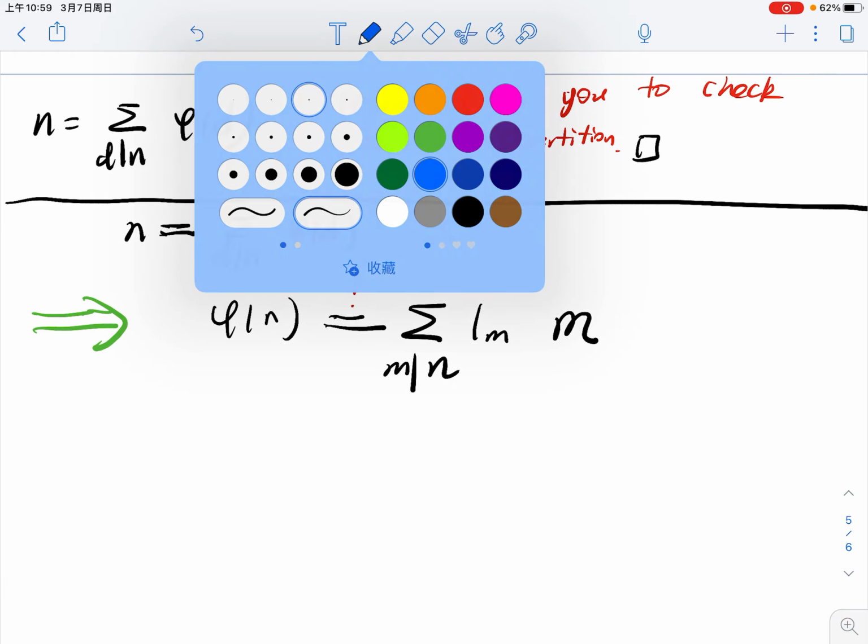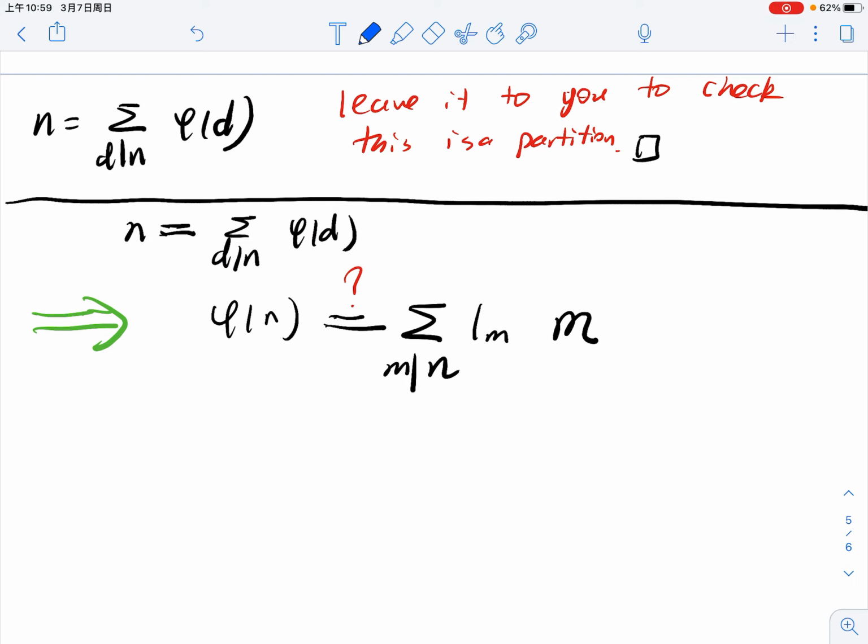Of course, there are many artificial ones. So the question is, can we have a natural representation of this, and how do we figure out the coefficients? What is the coefficient?